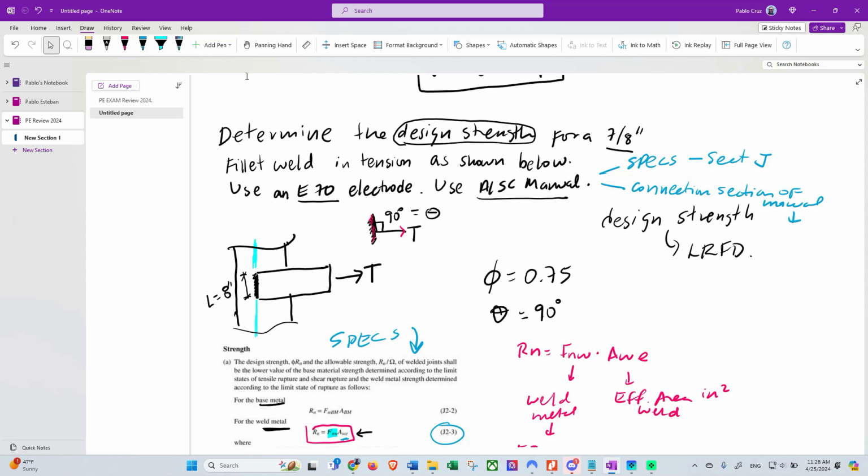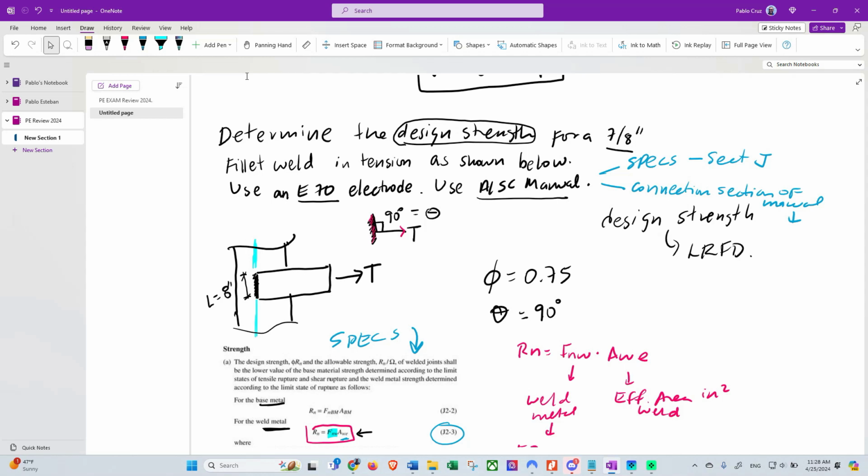We are trying to study in depth some topics that are evaluated during the PE exam. So we are preparing for the PE exam. The PE exam offers many different disciplines, and we are specifically speaking here about the PE structural.